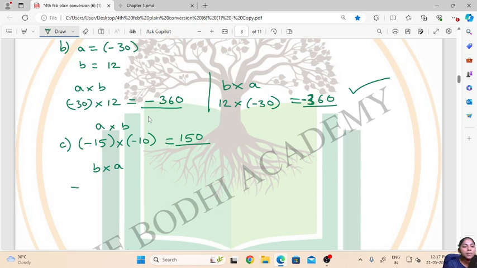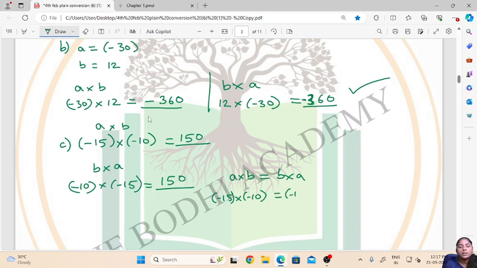So it is minus 10 multiplied by minus 15, and we will have the same answer, that is 150. So here also we see that a multiplied by b is equal to b multiplied by a, that is minus 15 into minus 10 is equal to minus 10 into minus 15.